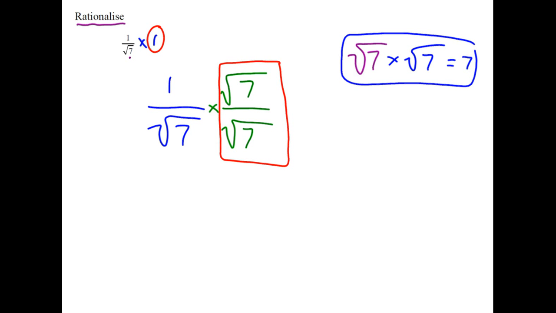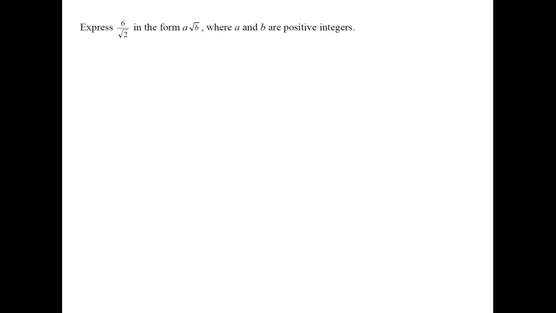The number divided by itself is 1. So all we're doing is timesing it by 1. That's why you're always told do the same to the top and the same to the bottom. So we get 1 times root 7 is root 7. And root 7 times root 7 is just 7. Okay, so that's it done. You can check all these on your calculator, of course, but these will probably be non-calculator questions, I'm afraid.